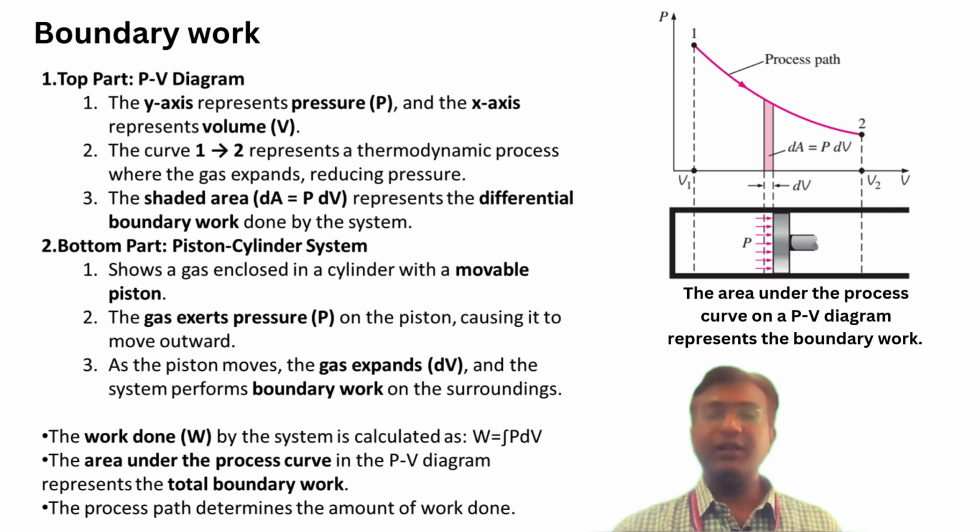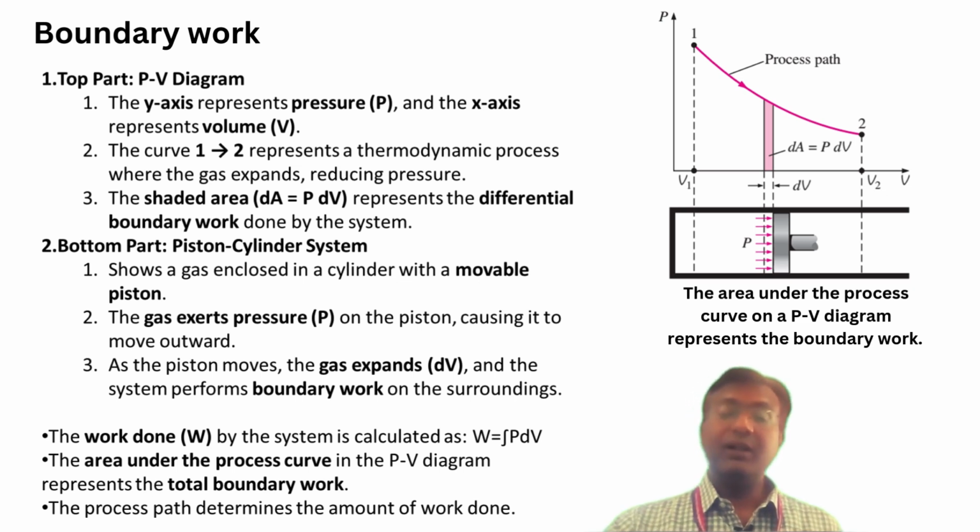Okay, so when we are compressing a gas, when the system is compressed, as we all know, the volume gets contracted, not expanded. When the volume of the gas gets contracted, or we can say the final volume is less than the initial volume, in that case the pressure of the gas increases, and due to which work should be done on this gas, and that work is a negative work.